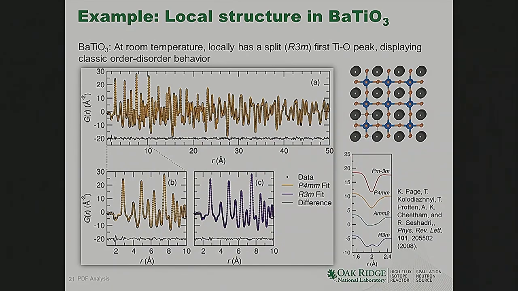at the lowest temperatures. And then the average structure prediction says that eventually you have them all not polar, so all the atoms are sitting in the center of the unit cell. But what you find locally is that you always find this splitting.